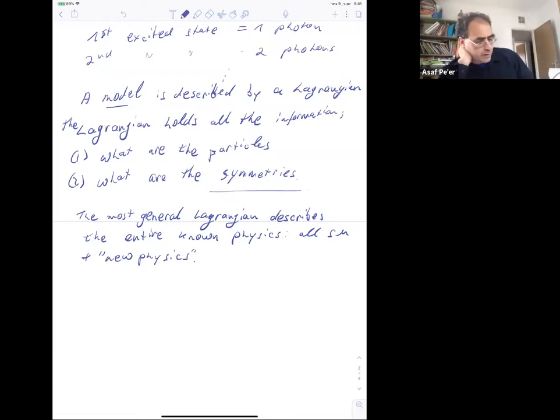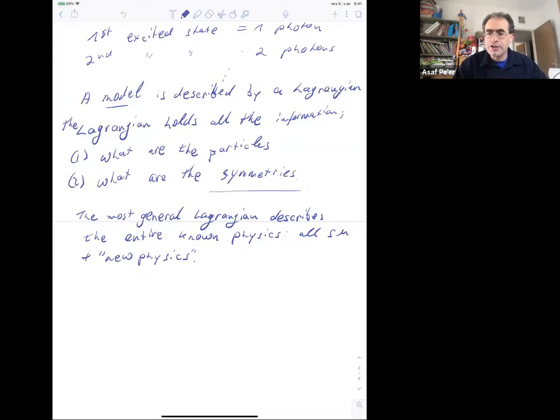It's quite cool. In fact, you know Feynman rules, right? We discussed Feynman rules, and we learned how to write them from a given Feynman diagram. We can derive them from the Lagrangian.